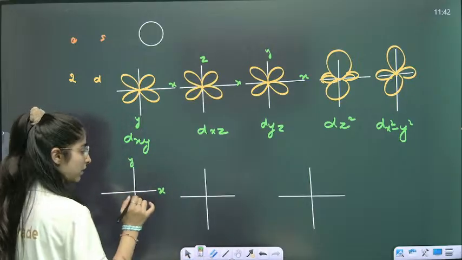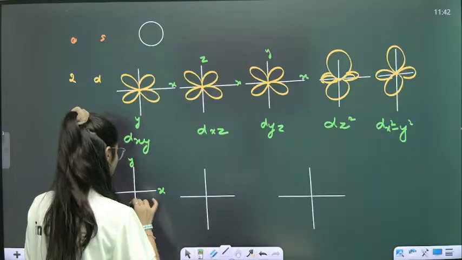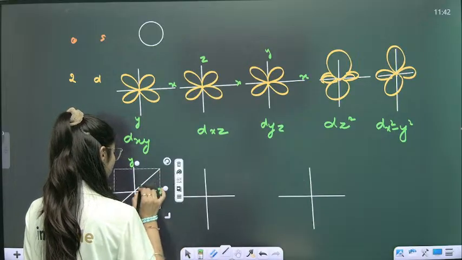Let's say this is your x-axis, this is your y-axis, and this is your z-axis.